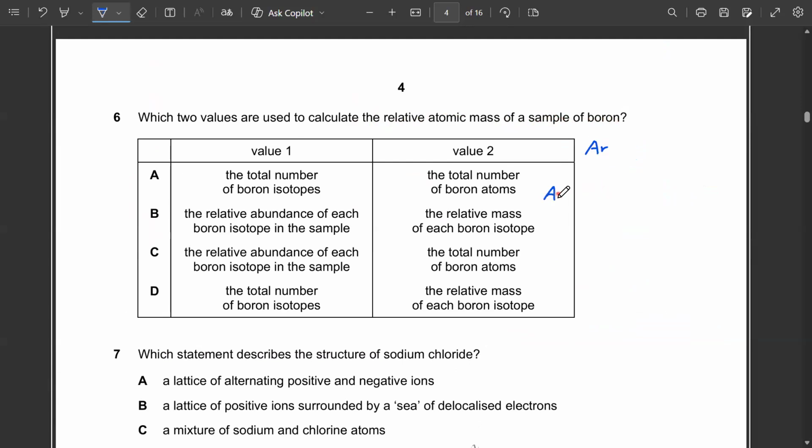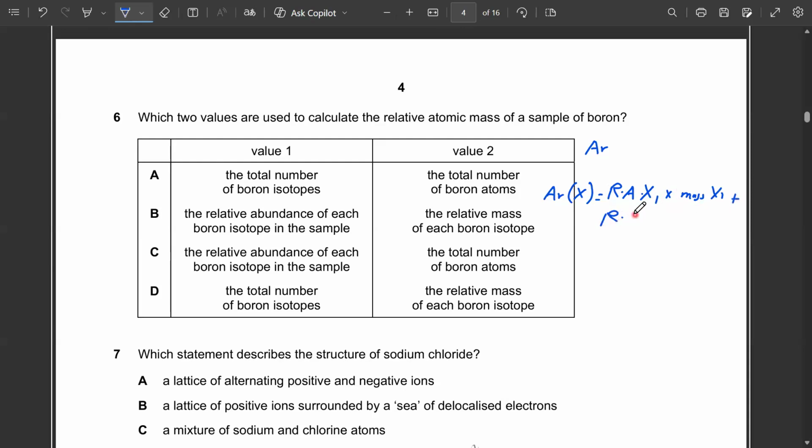Let's suppose I consider Ar of the element X, then I will need the relative abundance of one isotope of X, relative abundance of X1, multiplied by its mass, mass of X1, and it is added to the relative abundance of another isotope of X. Let's suppose it is X2, that will be multiplied with the mass of X2, and this continues until we have all the information of all the isotopes, divided by 100. This is how we calculate the relative atomic mass of any element.